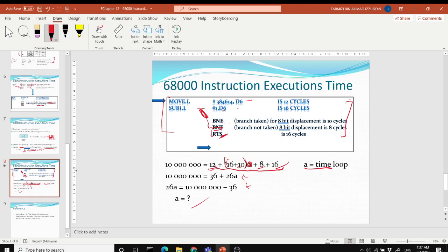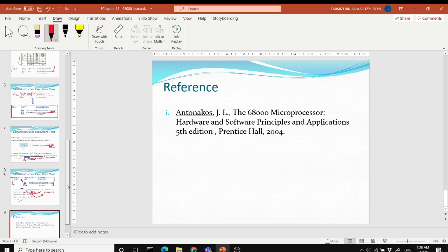But we assume that during this 1 second, this has not been fully executed. What is the number of loops executed during that 1 second? The number of loops here is denoted by A. Okay, so that's all, I guess, for calculating microprocessor execution time.